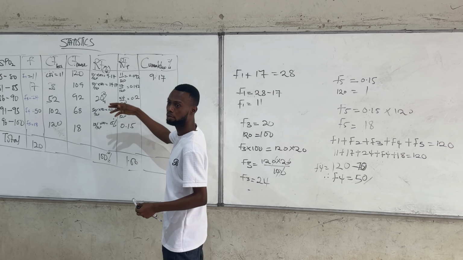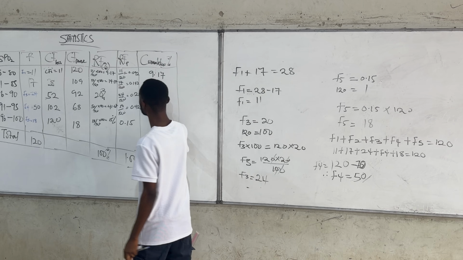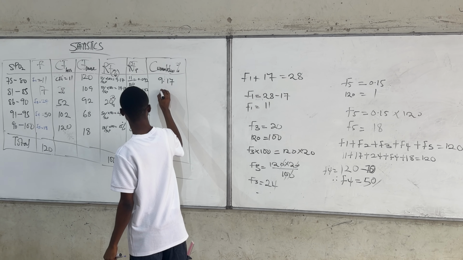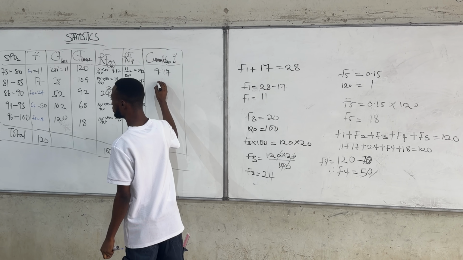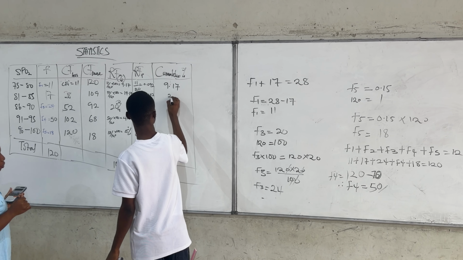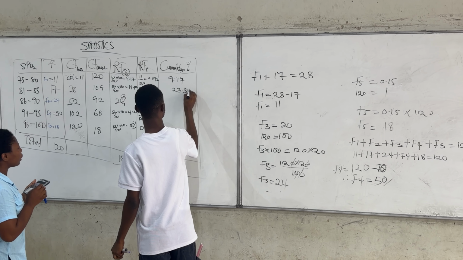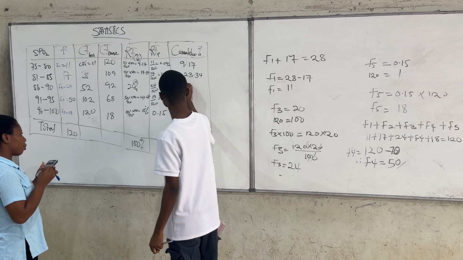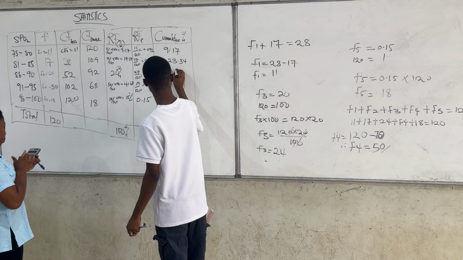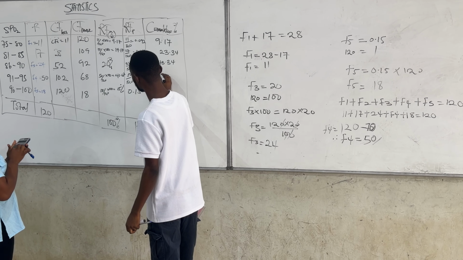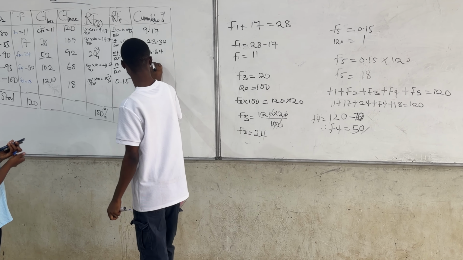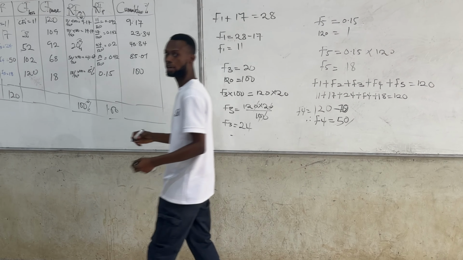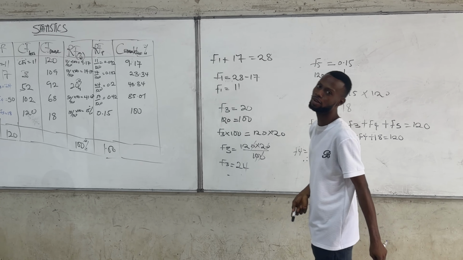We are just adding. So we are just adding. It's 5.01. Then 100. So we are done with the table.